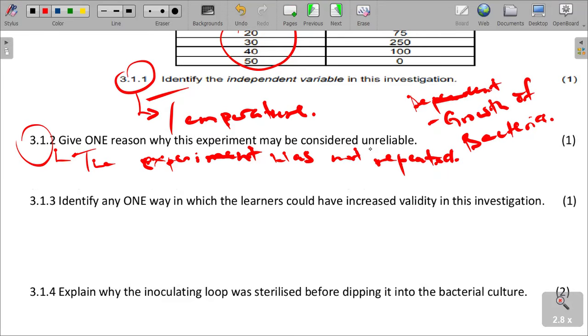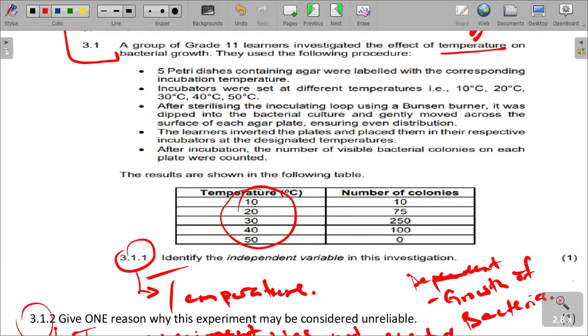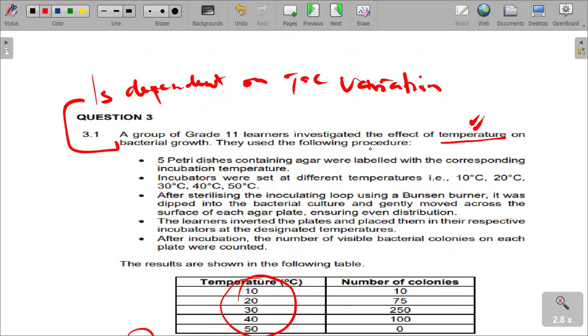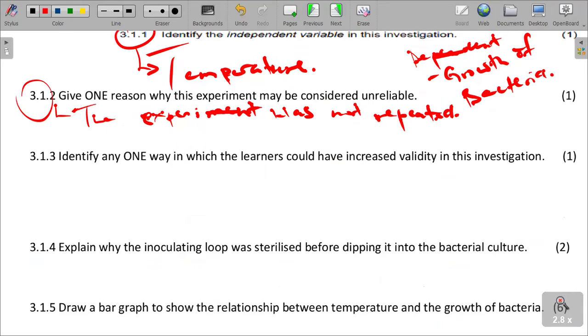And then we can also say that the sample size was very small, which is seen by only one petri dish being used for each temperature treatment.